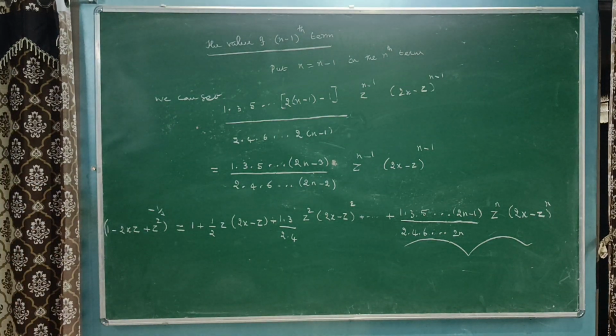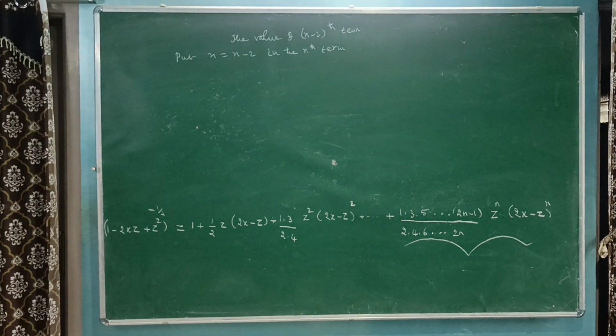In the same way, we have to find out the value of the (n − 2)th term. To get it, put n equal to n − 2 in the nth term.